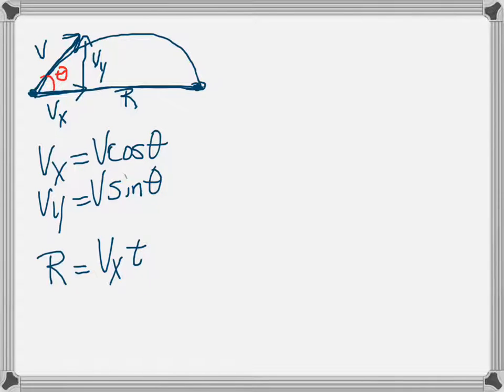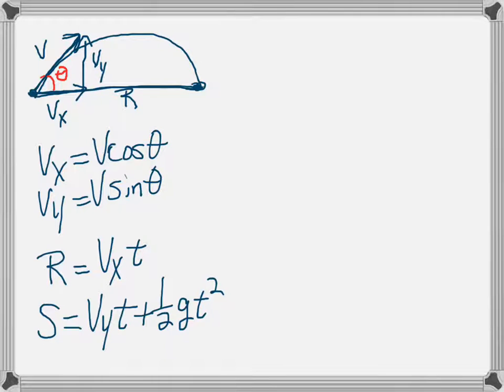The vertical displacement, which we use as s (we use r for the horizontal displacement and s for the vertical displacement), is going to be Vy times t plus 1/2 acceleration, which is g, times t squared. So we're going to solve both of these equations for time and then set them equal to get our equation for the range.